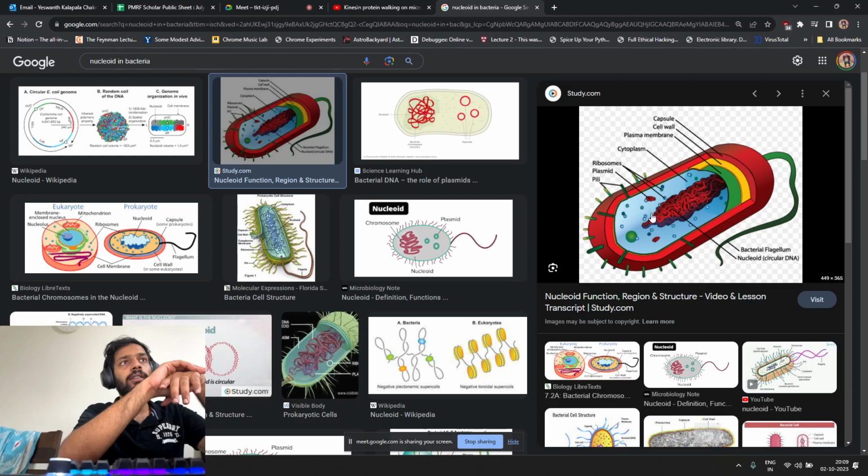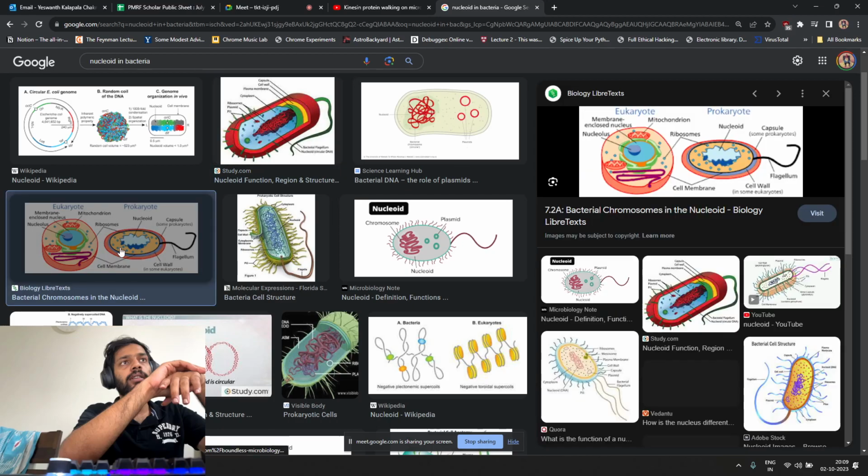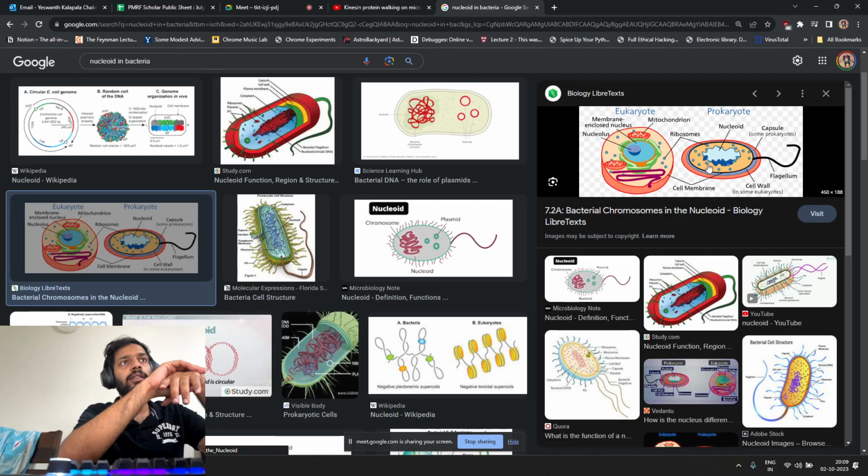It's called a nucleoid. Whereas eukaryotes have a nucleus, a very well defined membrane-like structure. Yeah, I guess this is a much better example. So this spatial region where the genetic material is present in a condensed form in prokaryotes is called the nucleoid, but eukaryotes have an actual nucleus where it's membrane bound and several other differences.